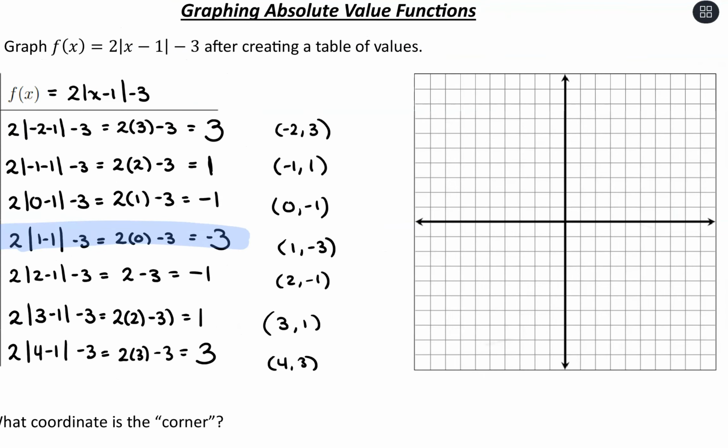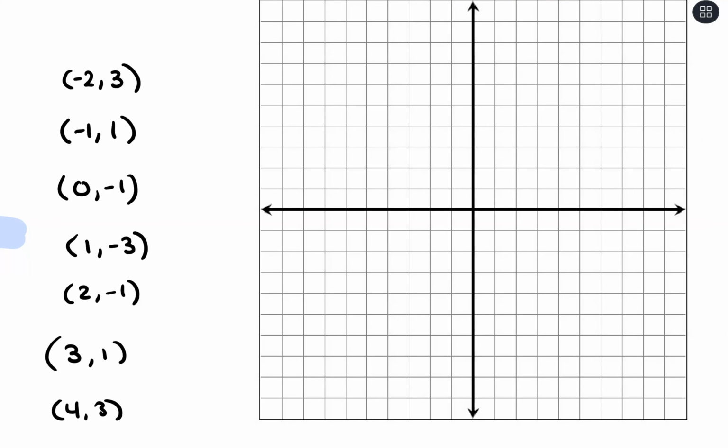All right, so (-2, 3), (-1, 1), (0, -1), (1, -3), (2, -1), (3, 1), (4, 3).